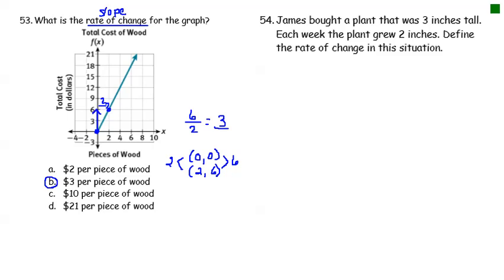So we know that the plant grew 2 inches each week. Okay, so our rate of change here is 2 inches per week. And that's your answer for 54.